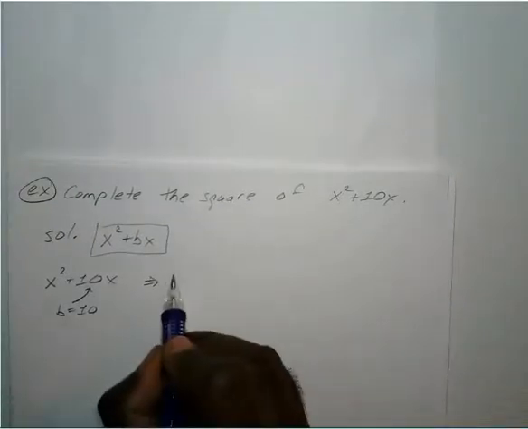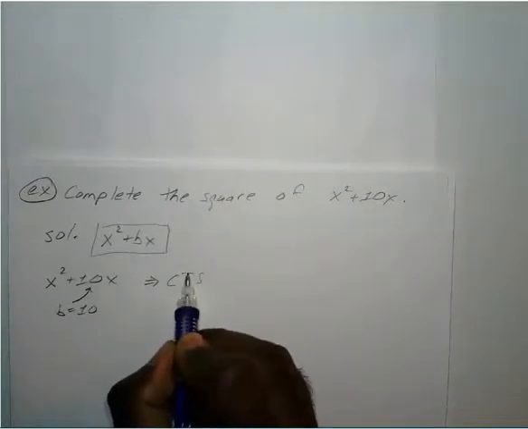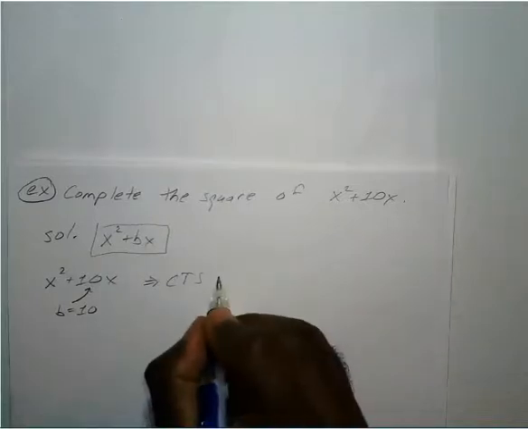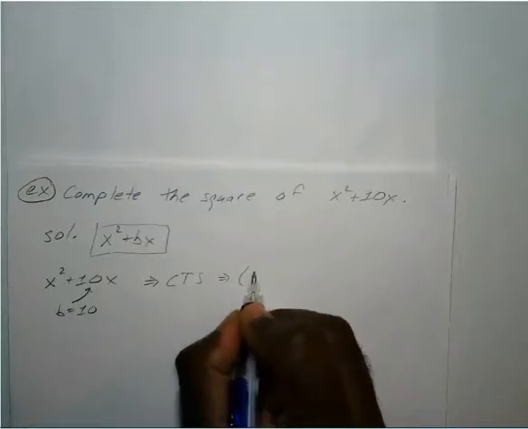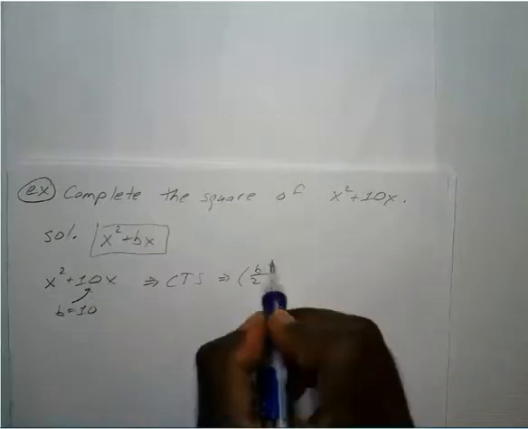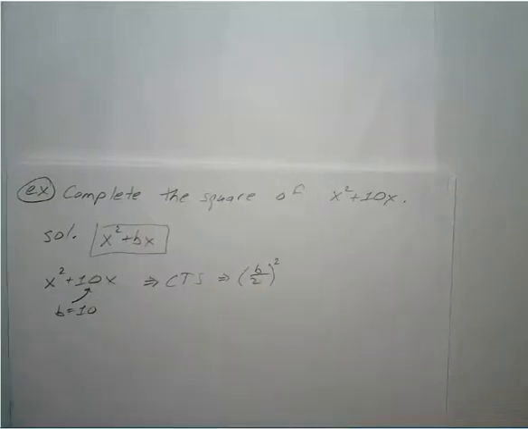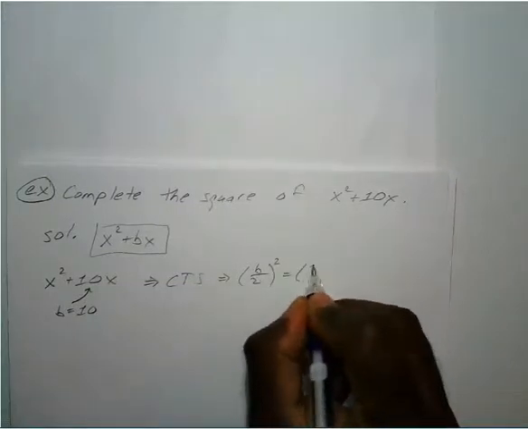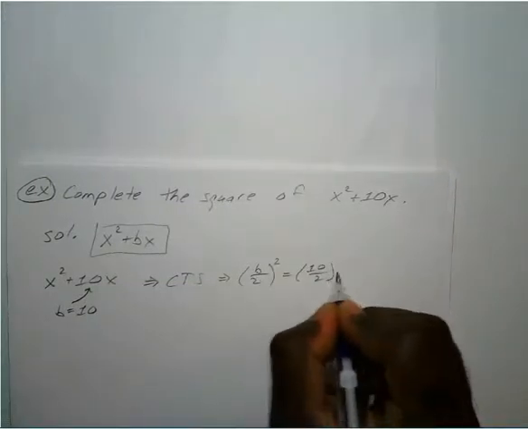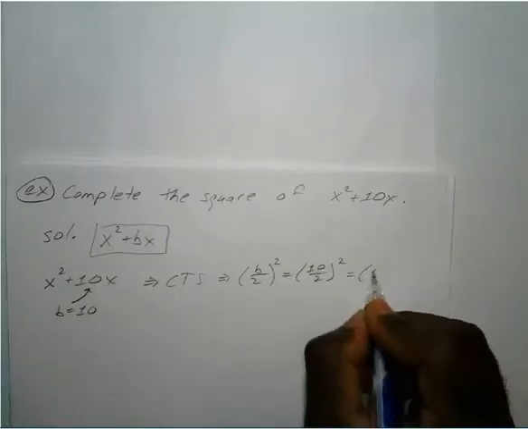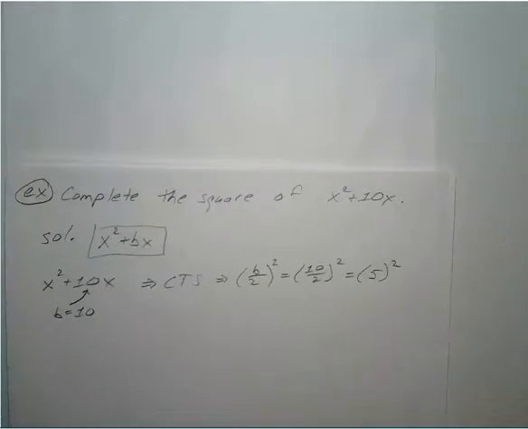So when completing the square, you'll see me just put CTS a lot of the time from here. We see that's b divided by 2. A is equal to 1, so you don't have to put anything there. Squared, which is 10 divided by 2, squared. 10 divided by 2 is 5, so we end up with 5 squared.